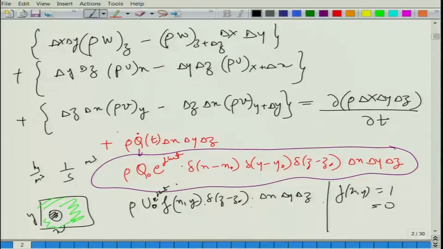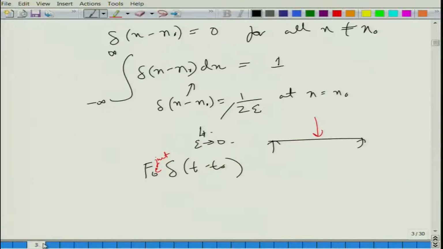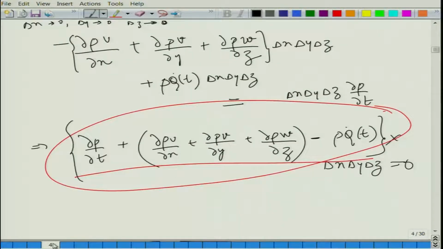Instead of rho q naught e to the j omega t, let me use another color: rho u naught e to the j omega t f x y Dirac delta function z minus z naught, and the other term. So, instead of this term you will have this term in the bracket.